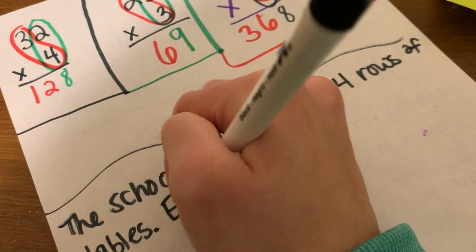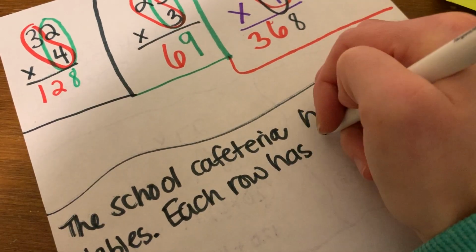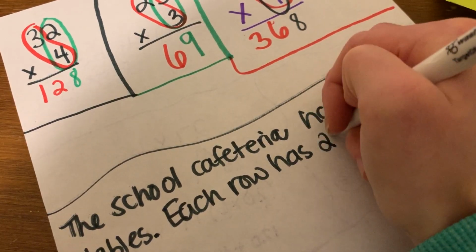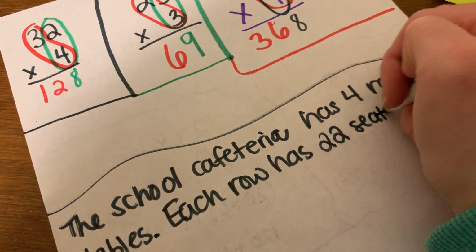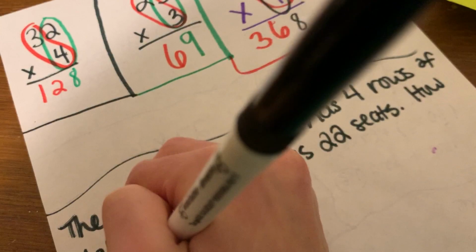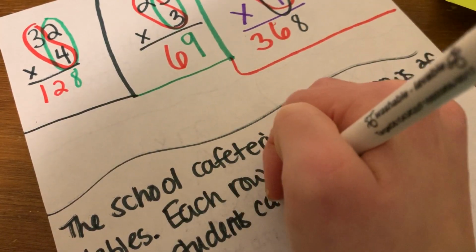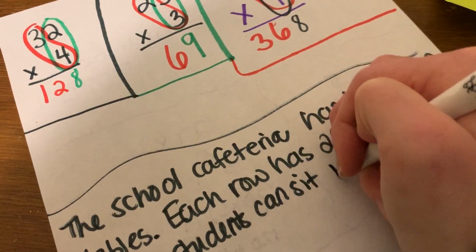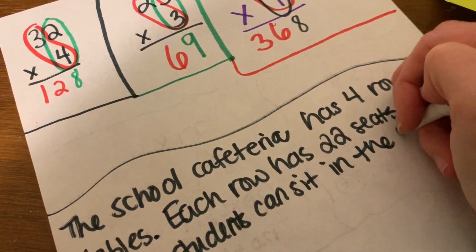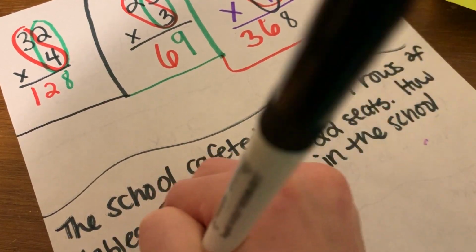Each row has 22 seats. How many students can sit in the school cafeteria at the same time?